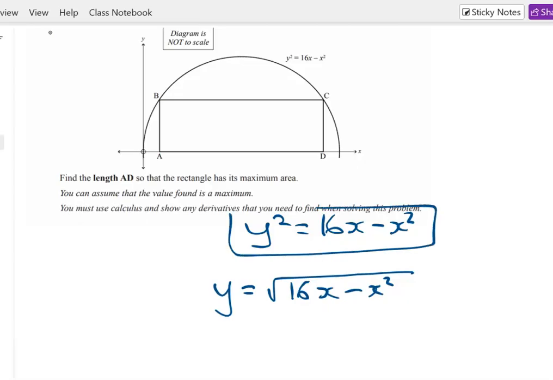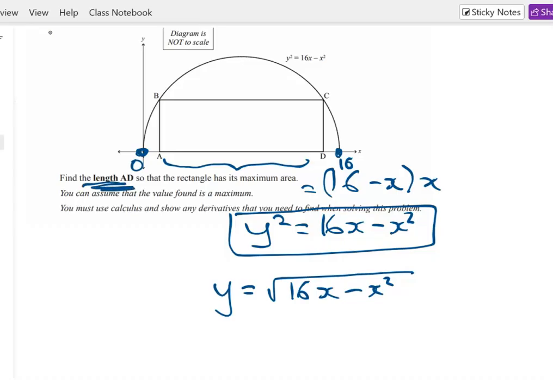But notice that if I go back to this version here, that we could factorize and we get 16 minus x times x. So we can see that this point is going to be 0 and this point is going to be 16. Now this rectangle is going to have this length here and we have to find that length so that the rectangle is a maximum area.